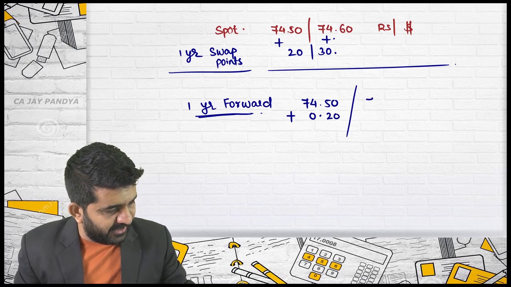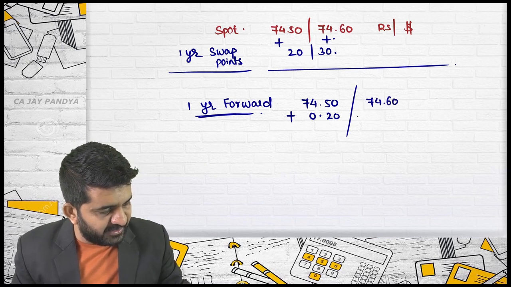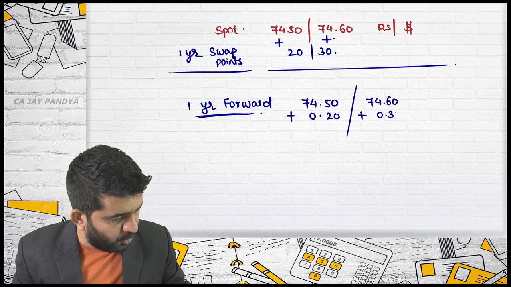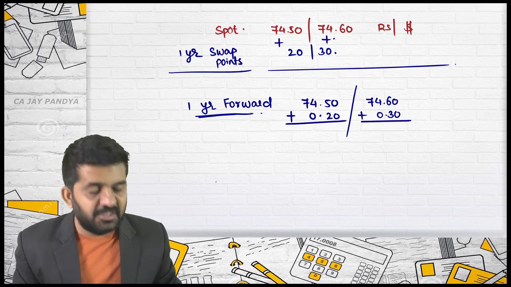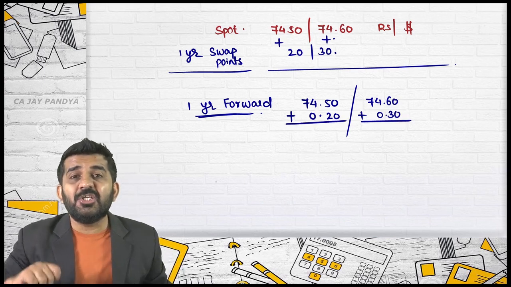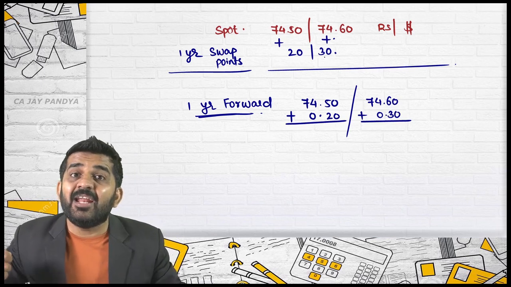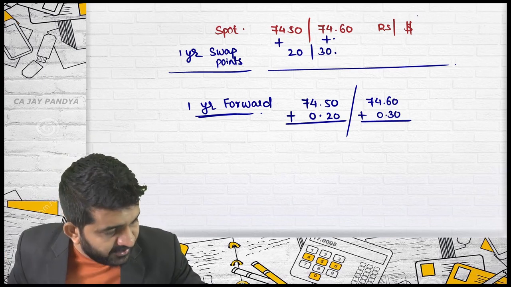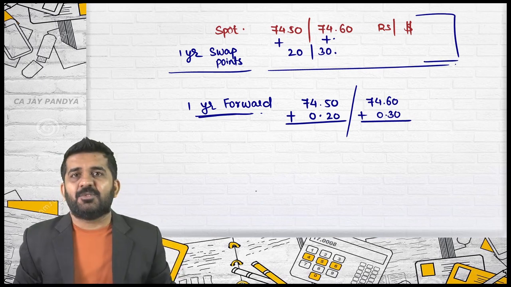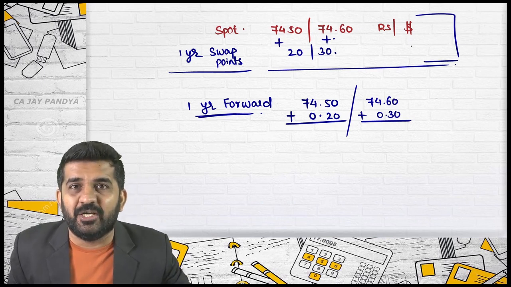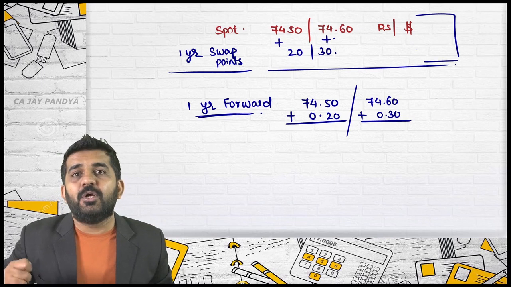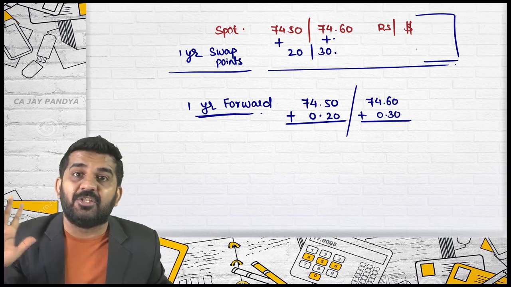And ask rate will be 74.60 plus 0.30. Sir, it is not written 0.2 and 0.3. Why are we adding 0.2 and 0.3? When the rate is quoted in this manner, try to understand it is 0.20 and 0.30 only.